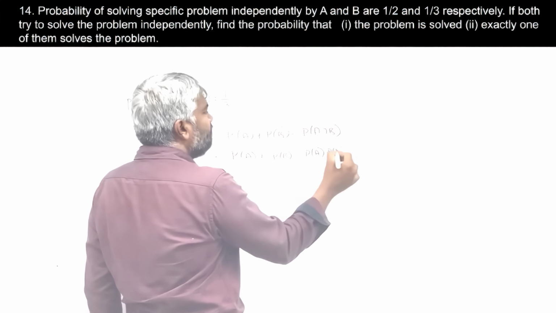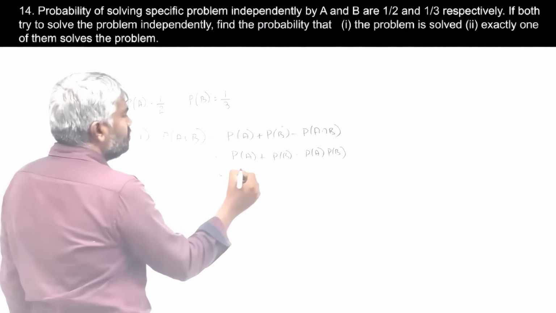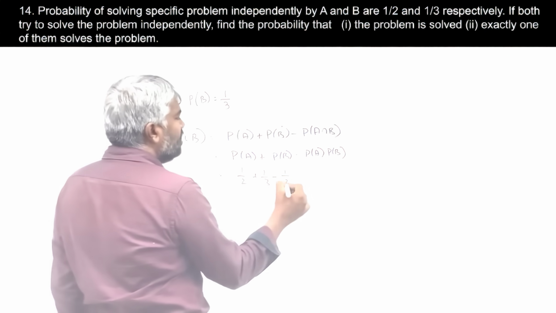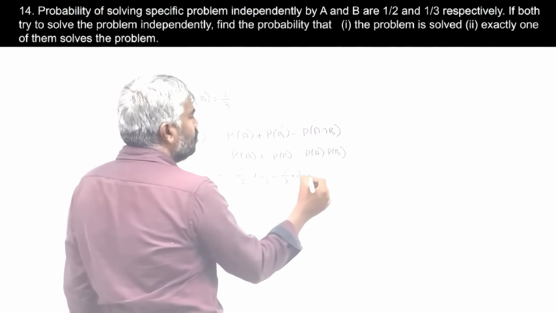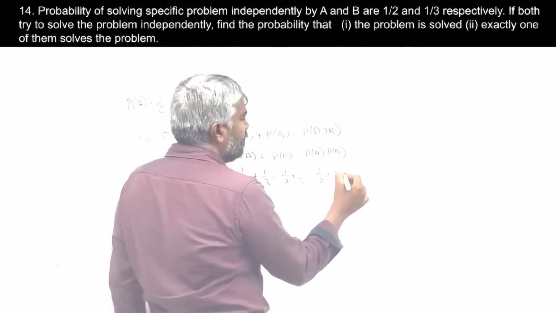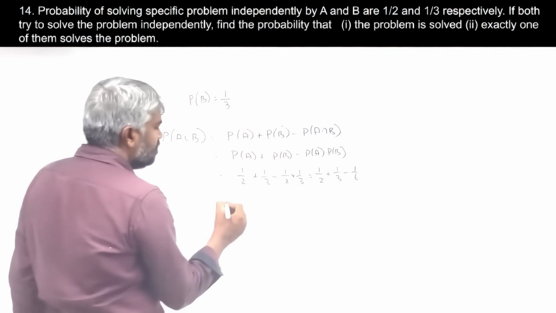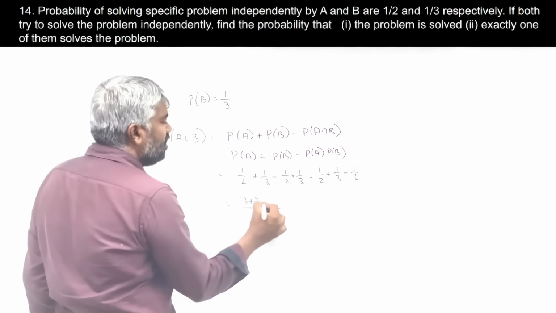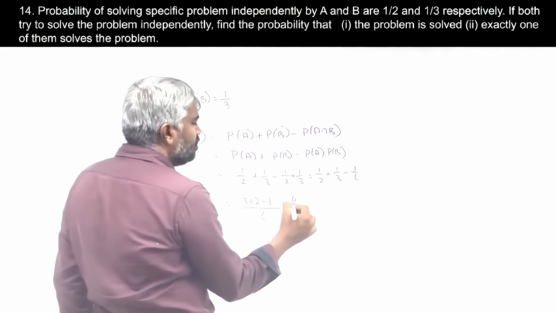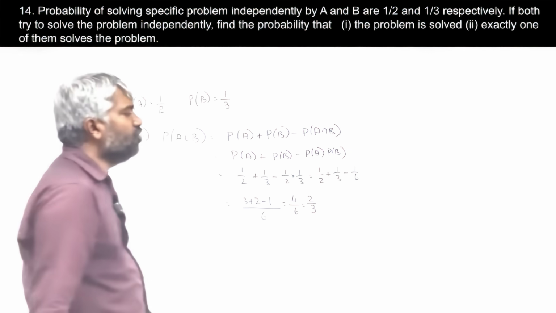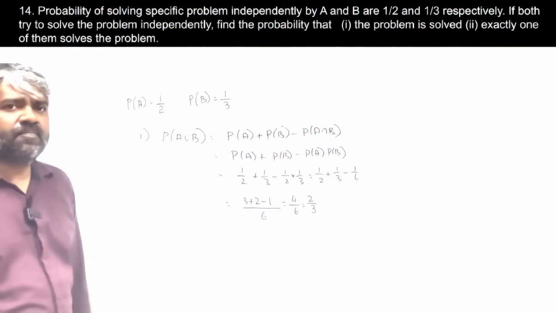Which is P of A into P of B, 1 by 2 into 1 by 3. So 1 by 2 plus 1 by 3 minus 1 by 6. You can take LCM as 6: 3 plus 2 minus 1, which is 4 by 6. So that gives you an output of 2 by 3.